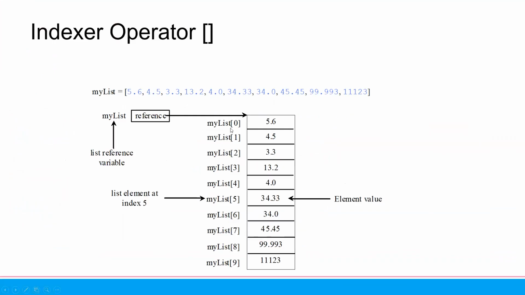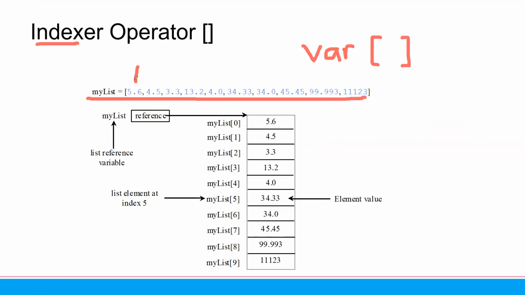As I mentioned previously, we can use the index. The index means I will use the square bracket after the variable name to find the element. If I have my list like this, the first element will be in index 0. So I will call my list, which is the variable name, and 0, to indicate the position of the first element.